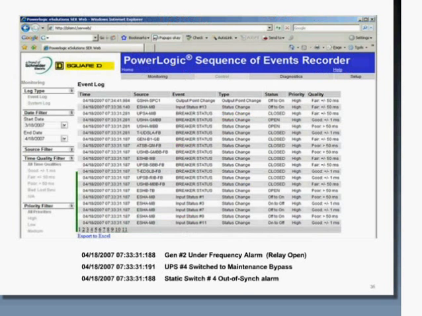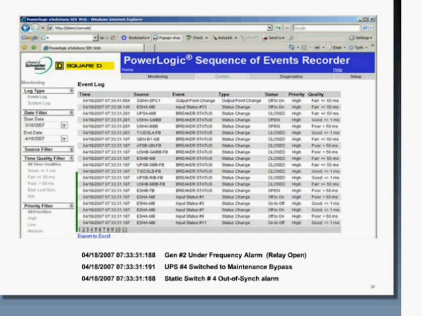Here's just a snapshot of what a typical event looks like. On the bottom, we did a brief snapshot scenario. Generator 2, we had a frequency alarm, UPS switched to bypass, static switch had an out of sync alarm, and we timestamped all of that so you could see, as that fault and the alarming went through your system, how all those systems handled the event from a reliability and sequence standpoint.